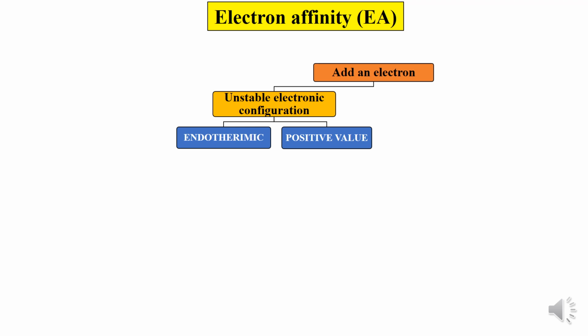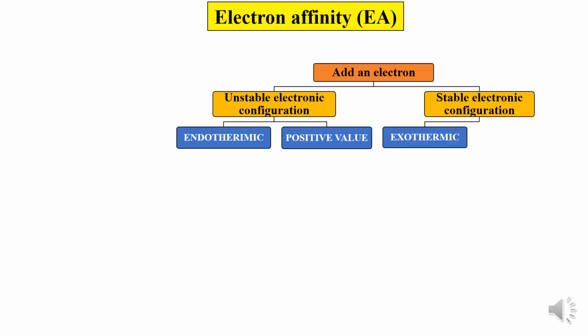The other possibility is that after adding an electron to an atom, it can lead to a stable electronic configuration. That is to say, the stability of the atom will increase, and this will be an exothermic process shown by a negative electron affinity value.